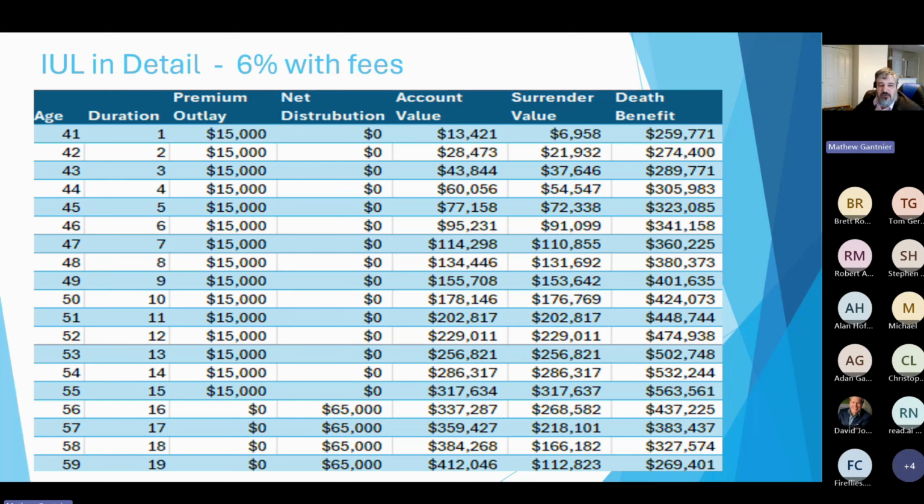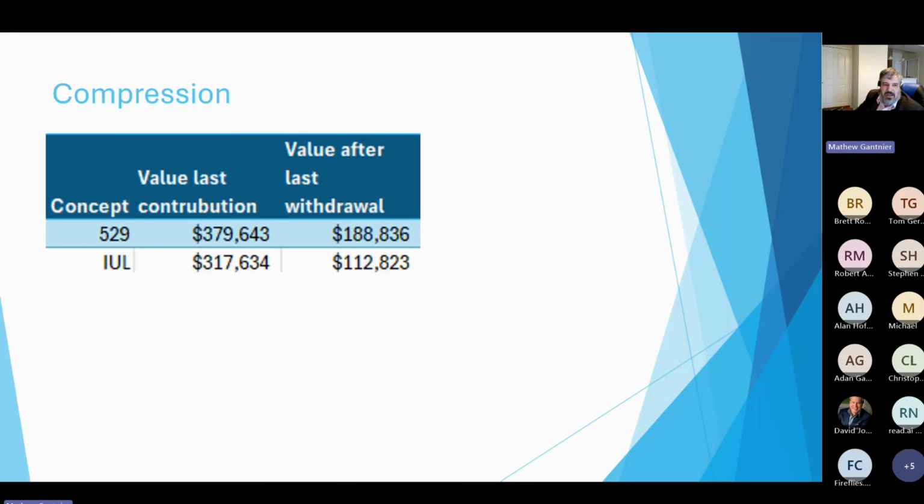So we're going to have that same $15,000 a year premium going in, that same $65,000 coming out for the 4 years to pay for college. And you'll note that the surrender value after that is 112. So when we look at these two in comparison, the value when your last contribution went in, right before you start taking out for your college expenses, you're going to have more in the 529 plan, because you're taking that greater risk to expect that greater return.